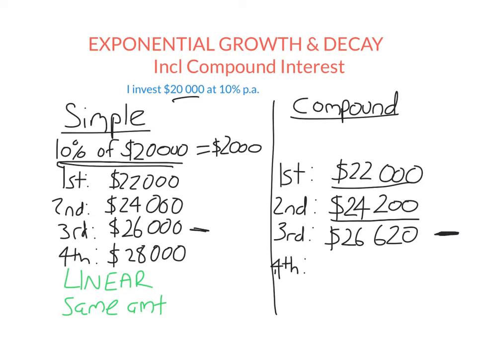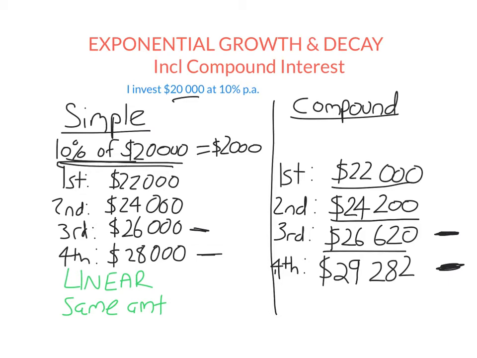So again, I wouldn't find 10% of what I started with, I would find 10% of the previous year. So 10% of 26,620 is 2,662. So I add on 2,662. And you can see there's quite a difference here. Now I have 29,282 instead of 28,000. So there's more than 1,000 difference.